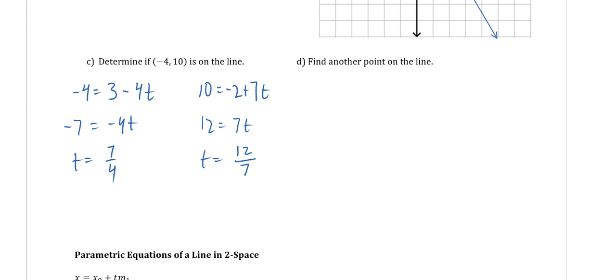Think about what t is. What do you think? Anybody? Huh?